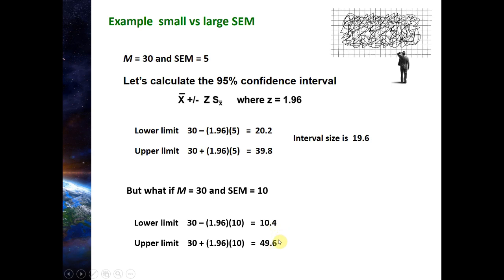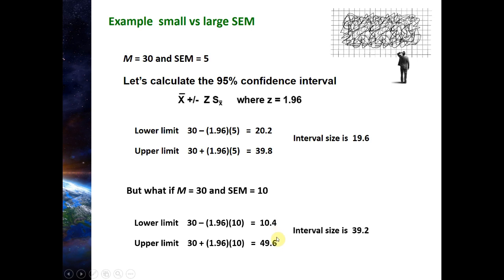So now we're saying that mu is greater than or equal to 10.4 and less than or equal to 49.6. In other words, 95 times out of 100, mu is somewhere in this interval because we've drawn it correctly.